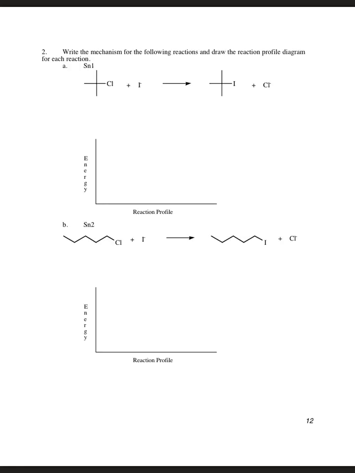So can we draw a mechanism for the t-butyl chloride reacting with iodide in an SN1 type mechanism? So we need to kick the chlorine off, forming our cation, and then the iodide would react with that cation to form the alkyl iodide. So in this mechanism, we have two steps.